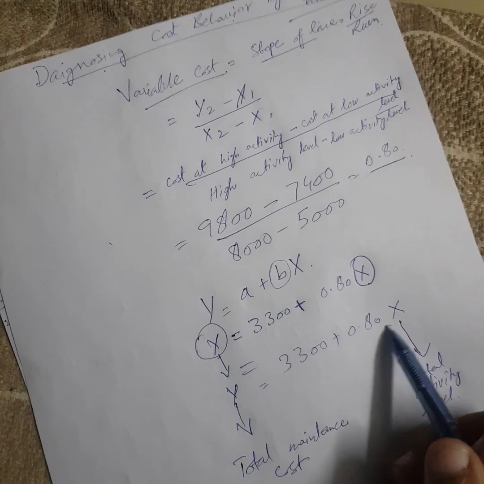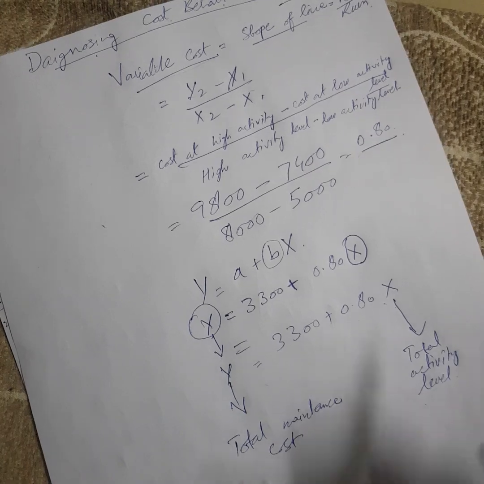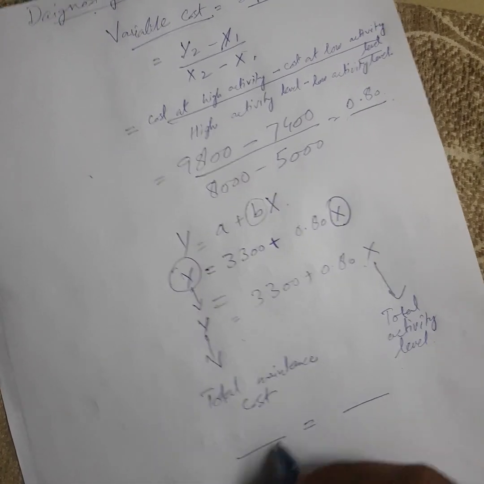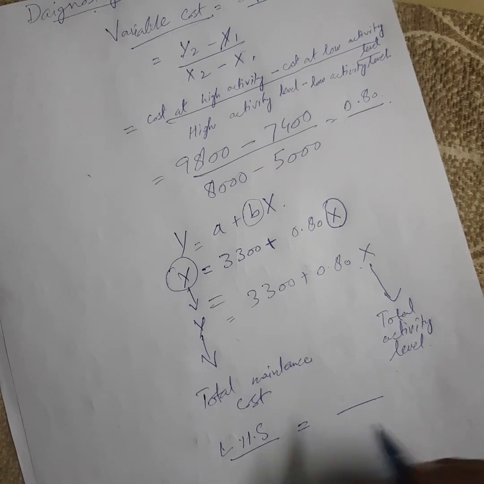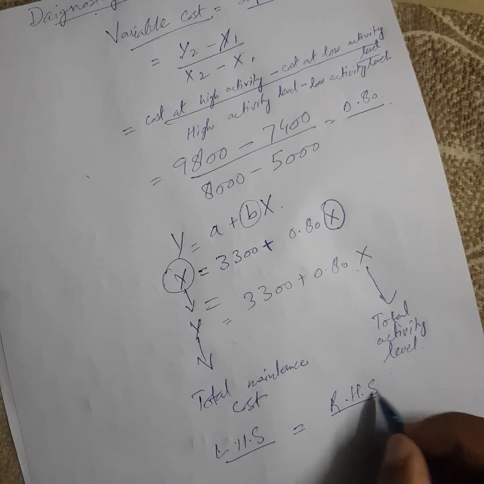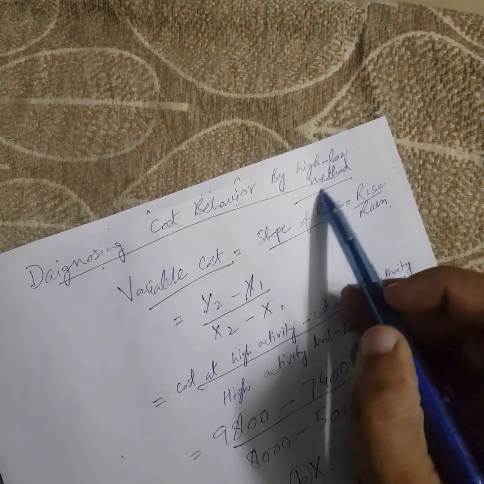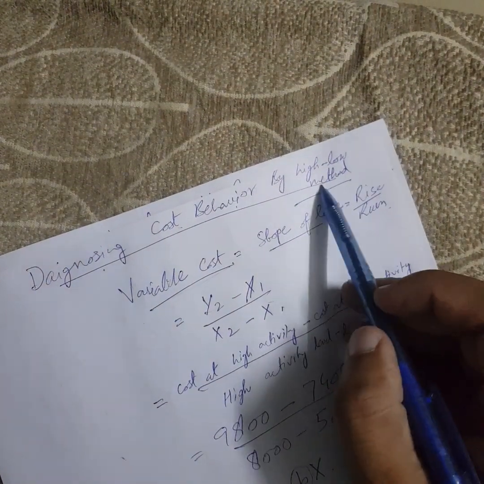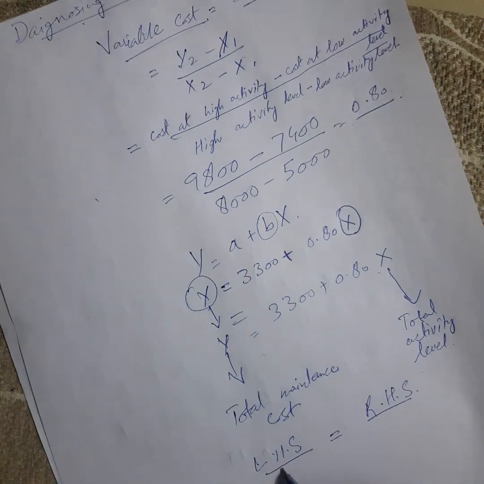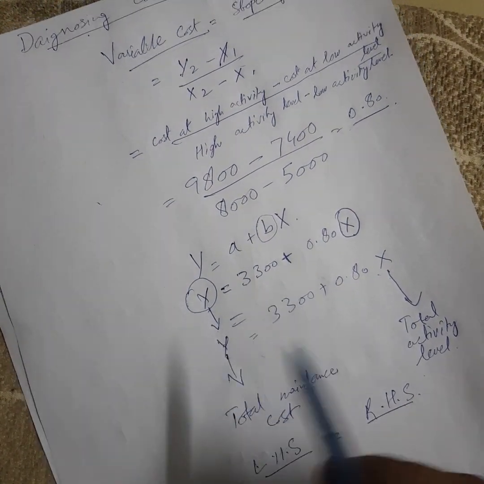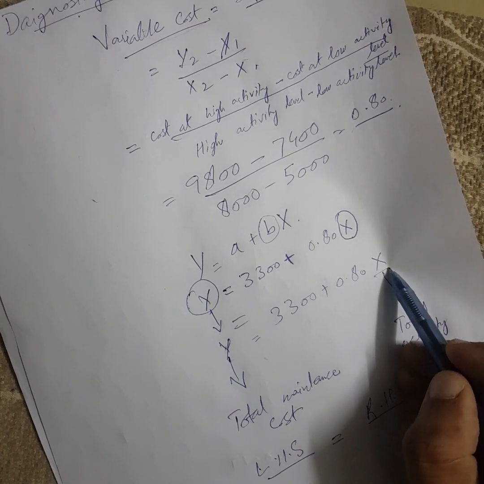Put those values here, and left hand side will be equal to right hand side. Both sides will have equal values. So that means in the high low method, our mixed cost will vary the same as the activity level.